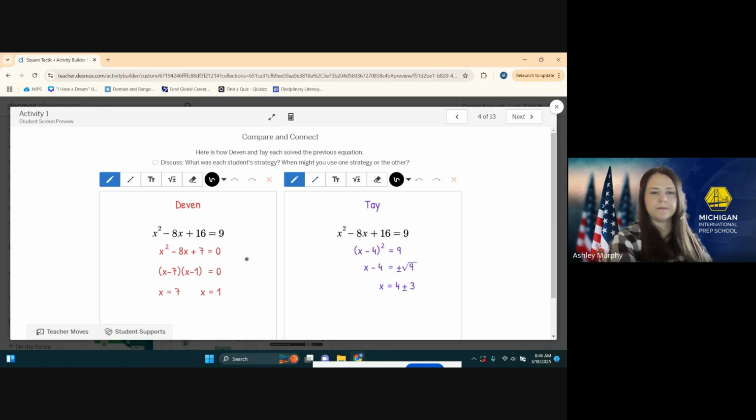Devin decided to move the 9 over and set the equation equal to 0 and then factored to find the roots. Same answers, different methodologies.